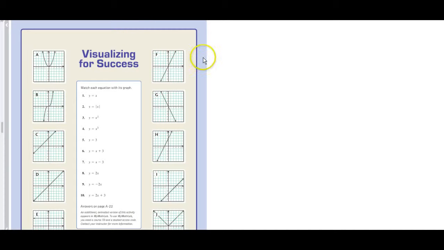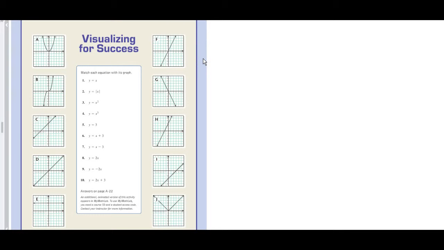Now notice only two of these, or actually three, are not a straight line. So we can make it a little bigger here, and hopefully you can still see it. There we go. This is not a straight line.